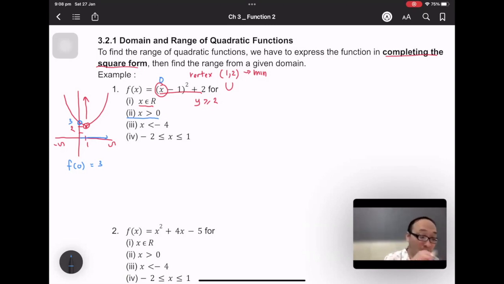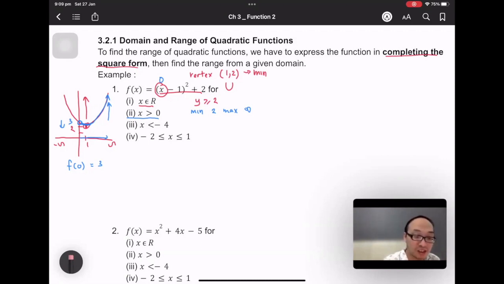The range will be from 3 going down and then up again. The minimum here is 2, and the maximum is infinite.